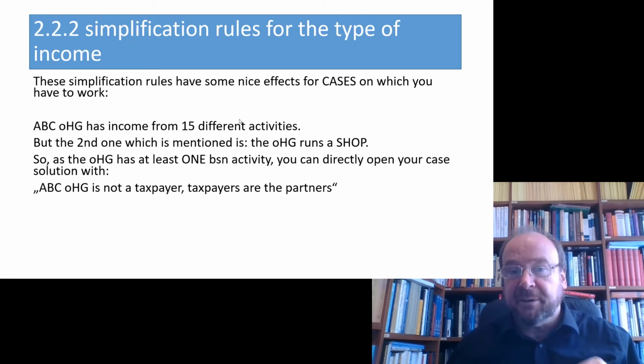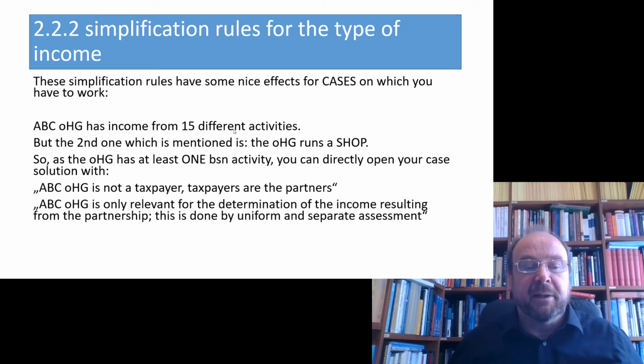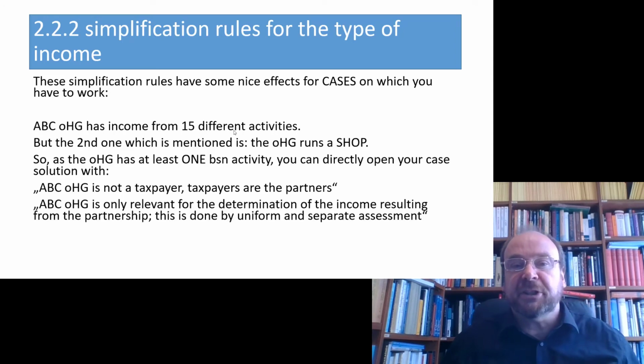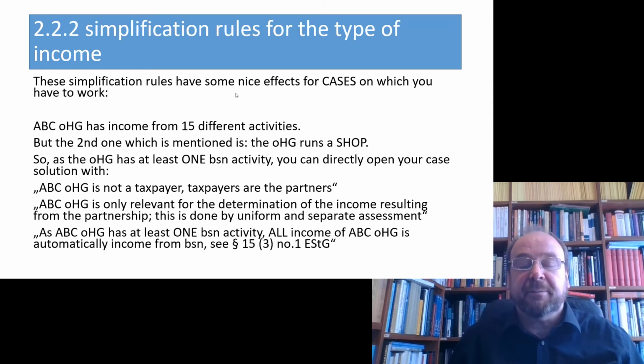A is unlimited tax liable, B is unlimited tax liable, C is unlimited tax liable because of blah blah. And then you can say the OHG is only relevant for the determination of the income resulting from the partnership that is done by uniform and separate assessment. And then you can write the decisive sentence.